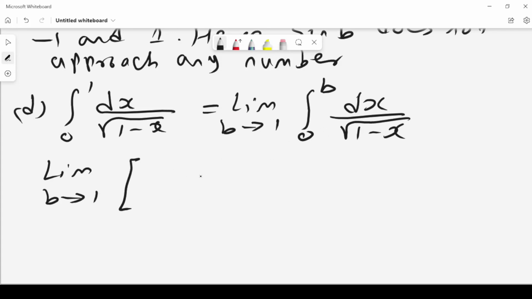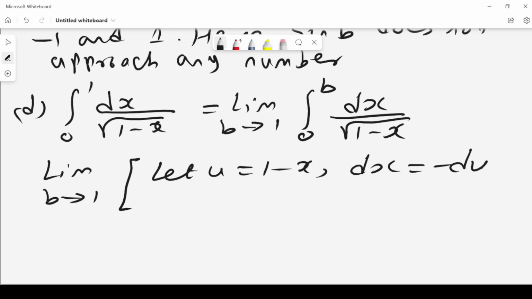And how do we approach this? We let u equal 1 minus x, and then dx is equal to minus du, and therefore it will be the integral of u raised to the power minus half times negative du, and this will be minus 2 u raised to the power half.